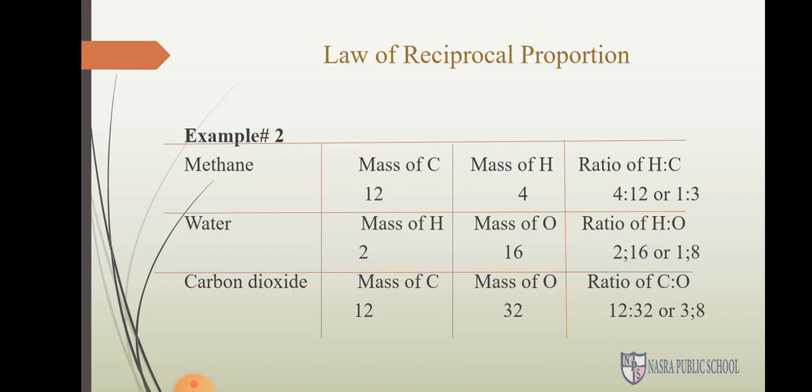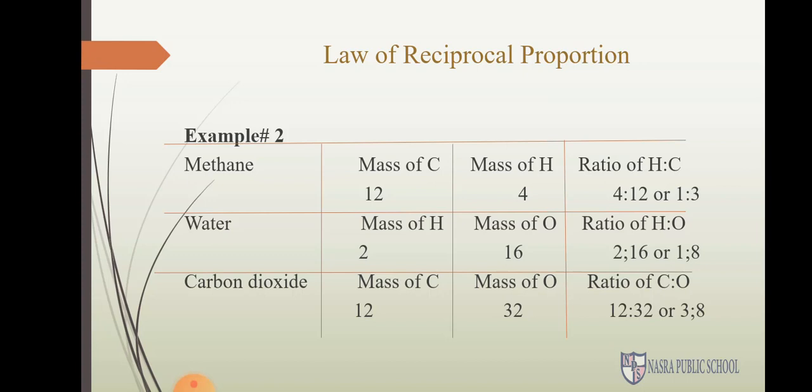When carbon combines with hydrogen, it forms methane, CH4. And oxygen combines with hydrogen to form water, H2O. So now take a look on the ratio of masses in which carbon and oxygen separately combine with hydrogen. Ratio of carbon and oxygen is 3:8.